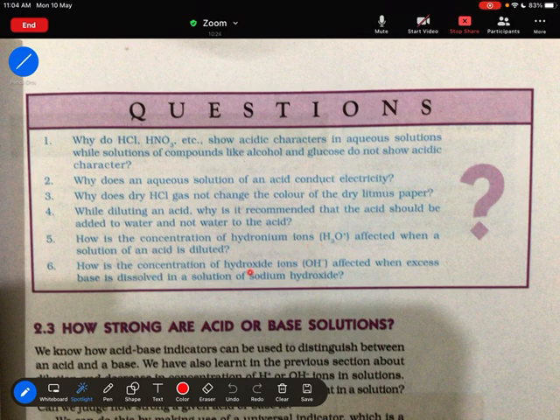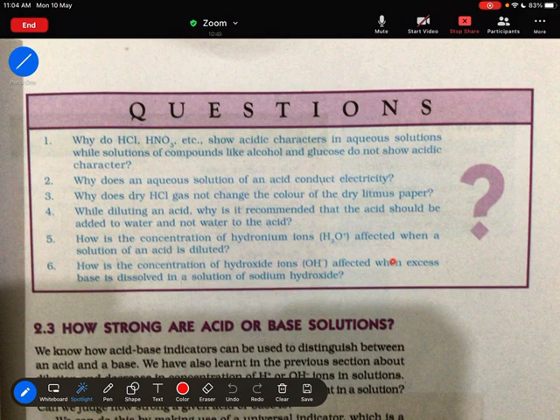How is the concentration of hydroxide ion affected when excess base is dissolved in a solution of sodium hydroxide? You have a solution of sodium hydroxide.